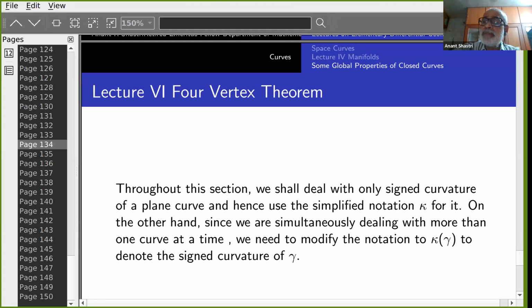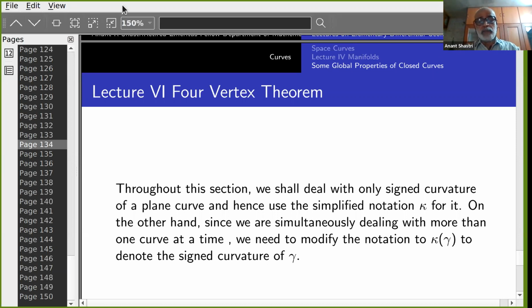So if gamma is the curve, I may have to indicate k gamma. Suppose gamma 1 is there, then I have to write k gamma 1. Because of that burden, instead of writing this s, I have dropped the s, that's all. So sometimes I have to write k gamma to indicate which curve I am talking about.